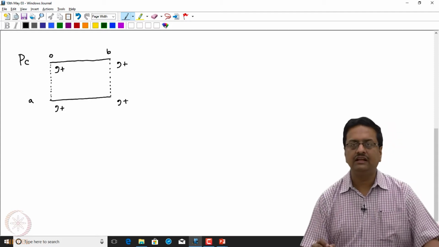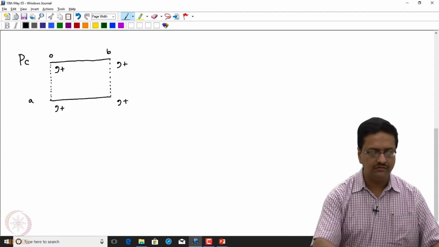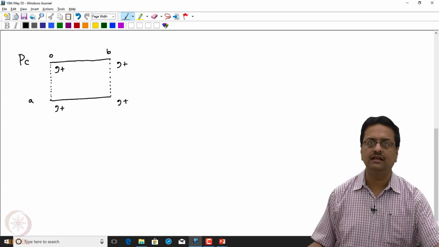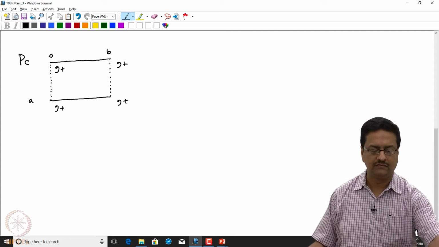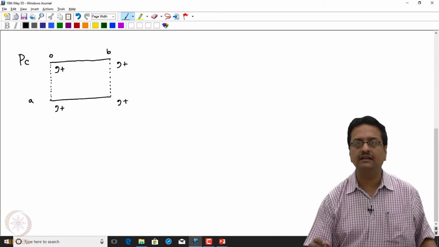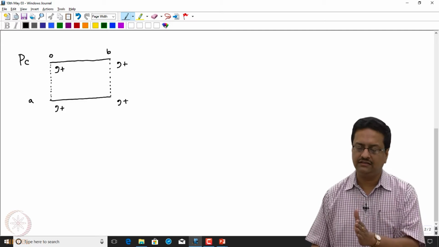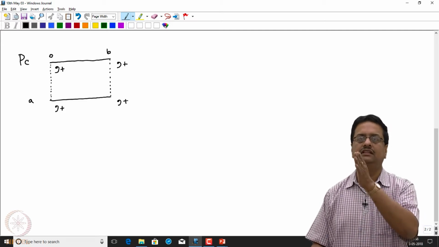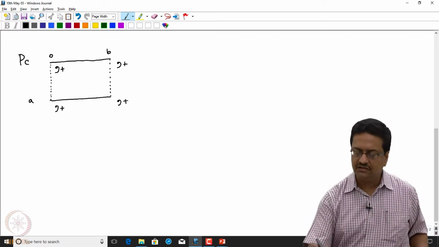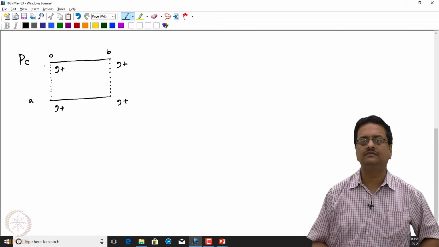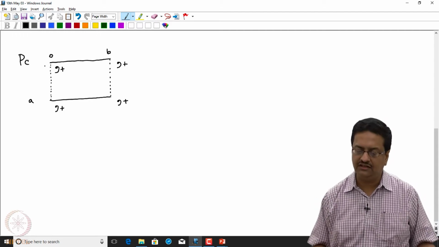So now when we are saying it is a c glide, it means it is a reflection followed by translation. So the reflection is about the dotted line and the translation is in the direction of c, which is above the plane of projection.